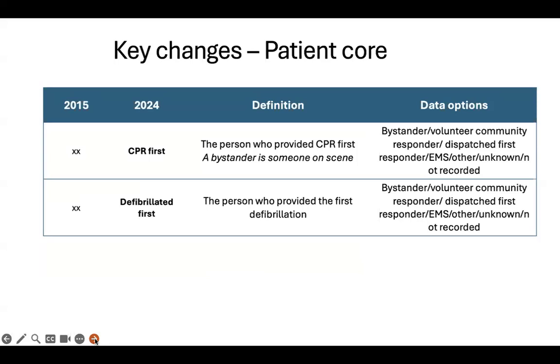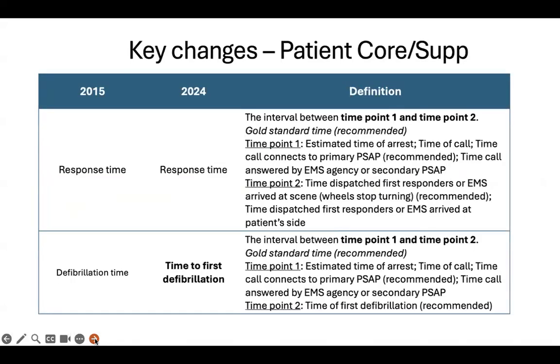You can see, for example, there are options for bystander, the activated community responder, and the dispatch first responder. Remember, this refers to usually uniformed personnel like police or fire, EMS, and others, as you can see. Next slide, please.